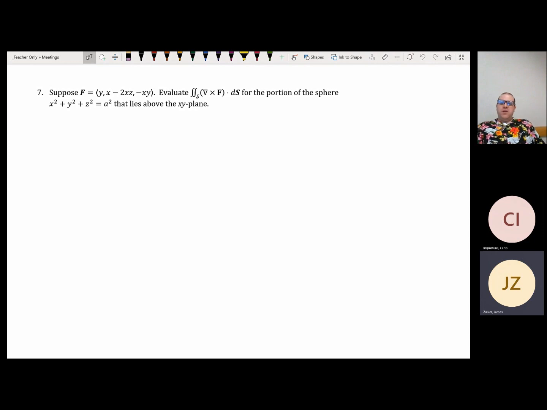We want to evaluate the outward flux of the curl field of that given vector field for the portion of the sphere x squared plus y squared plus z squared equals a squared that lies above the xy plane.